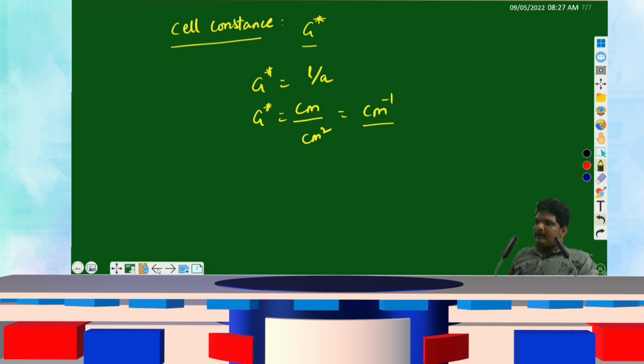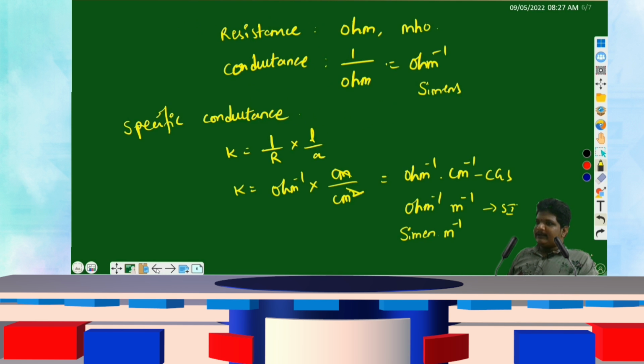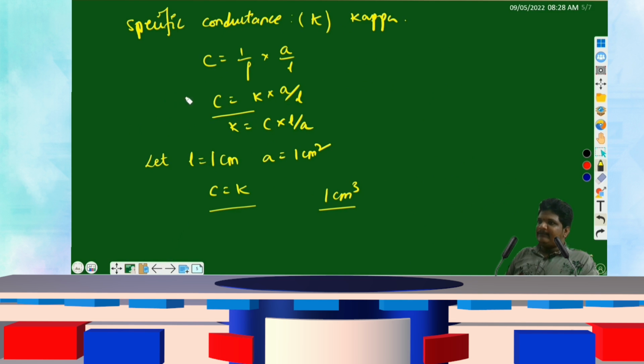Here, if you see, the specific conductance depends upon this cell constant. So kappa is equal to conductance into G star, where G star is the cell constant.